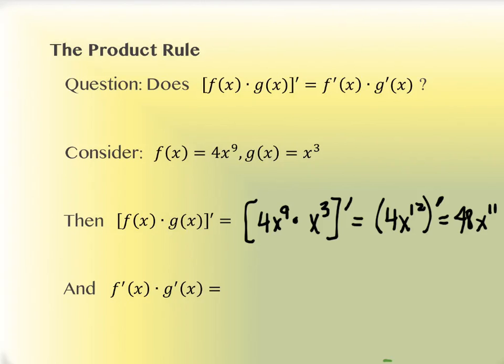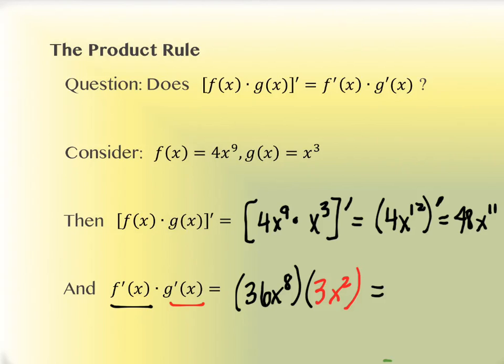Our question is, could we have done the individual derivatives first, down here, and then multiplied them together and gotten the same result? So we're going to try that. The first one was 4x to the 9th. What is the derivative of 4x to the 9th? 36x to the 8th. Good. What is g prime of x? I would get 3x squared.